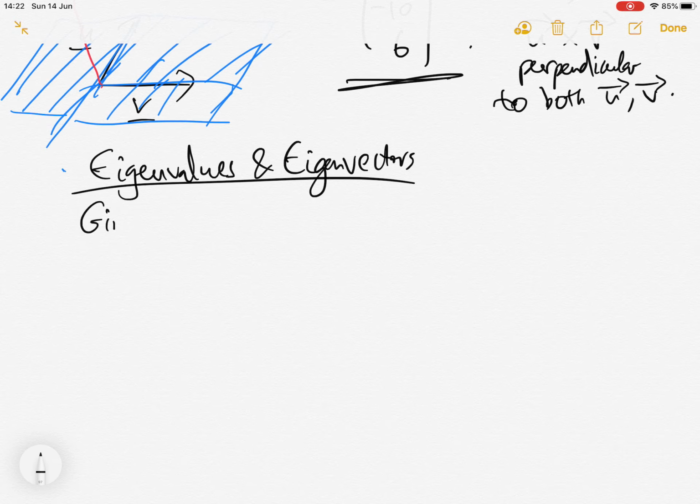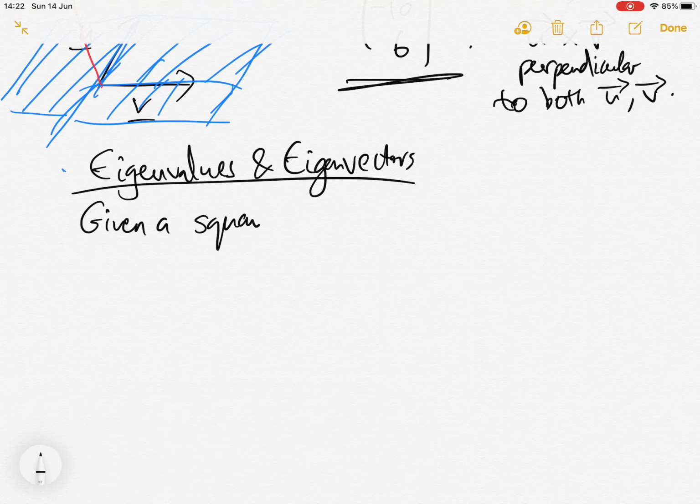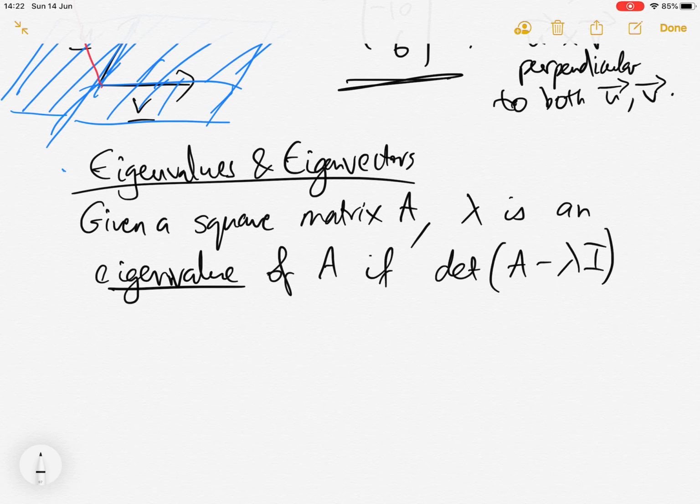Given a matrix A, given a square matrix A, we say that lambda is called an eigenvalue of A if the determinant of A minus lambda I is 0, where I is obviously the identity matrix.